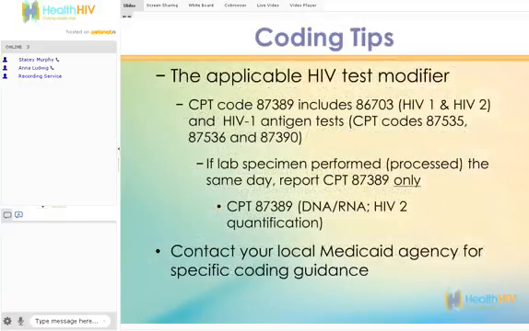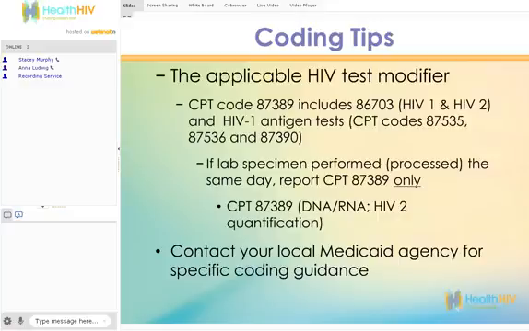In terms of certain coding guidance, if the lab specimen is processed the same day as a rapid, so let's say a patient comes into your office and you do a rapid screen, you have to check with your local Medicaid state agencies because they may not pay for a rapid and the actual blood specimen.